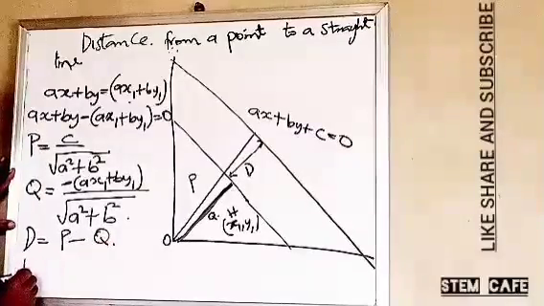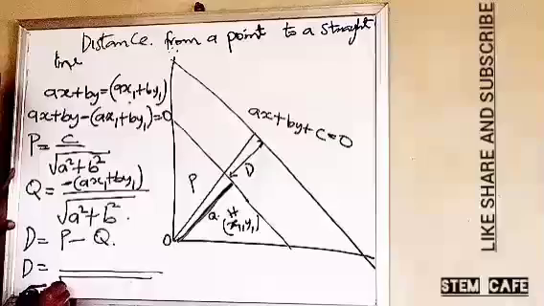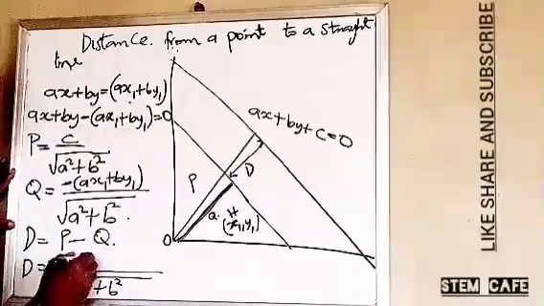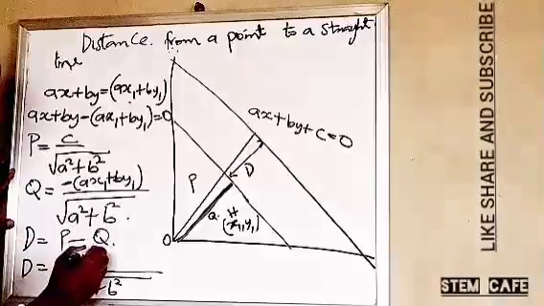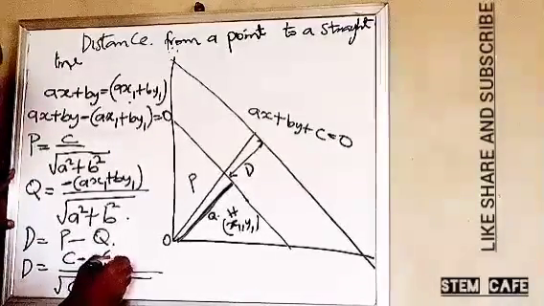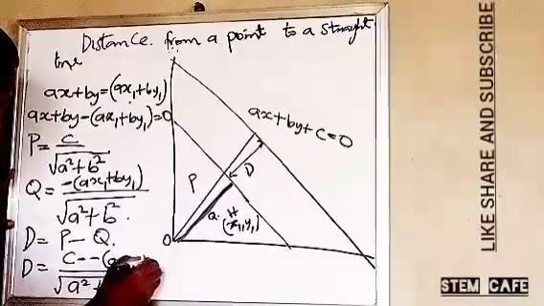So D will be equal to, since they have the same coefficients a squared, b squared, c minus (ax1 plus by1).